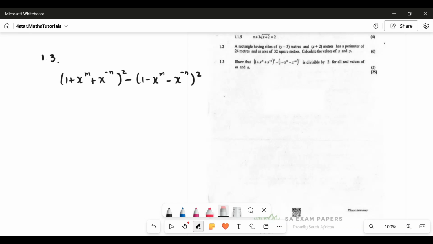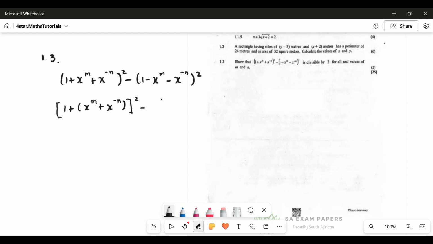So let's start. What can we do? We can try to make the two expressions look alike. We can rewrite this one in this way: 1 plus x to the exponent of m plus x to the exponent of negative n, all squared.